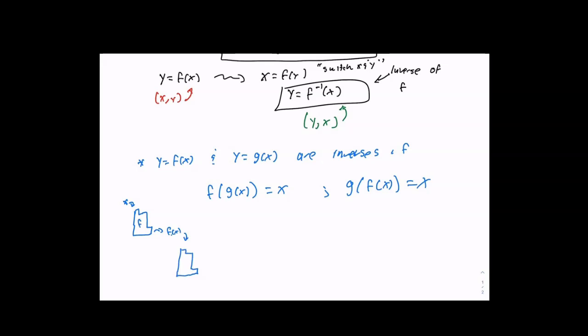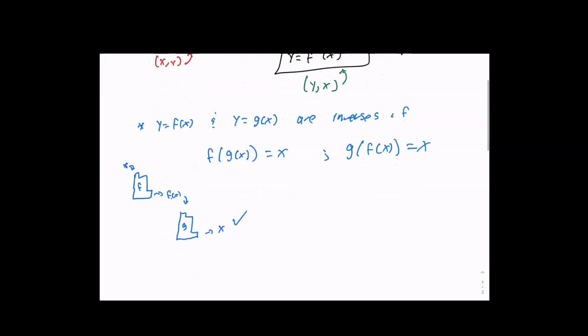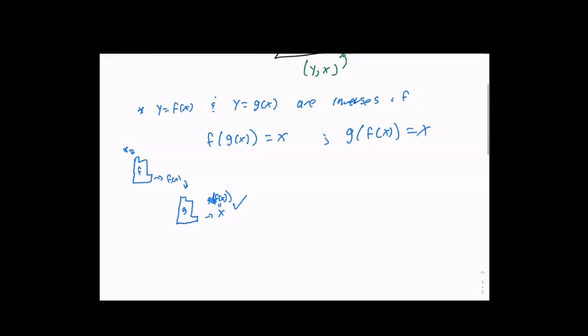This is function g, function f, function g. And if out spits x, because you get g of f of x, that means the two were inverse functions.